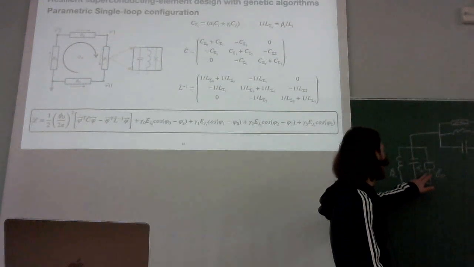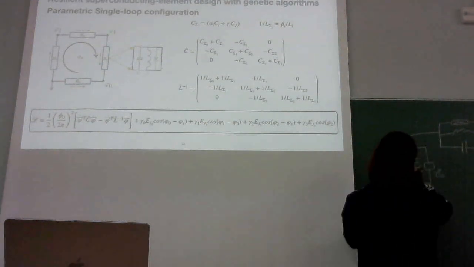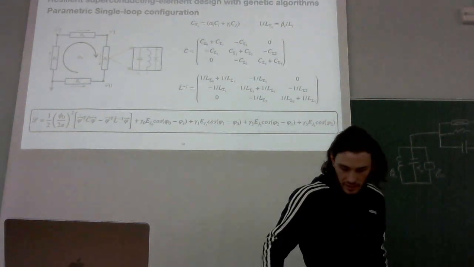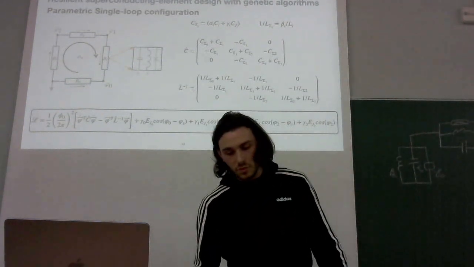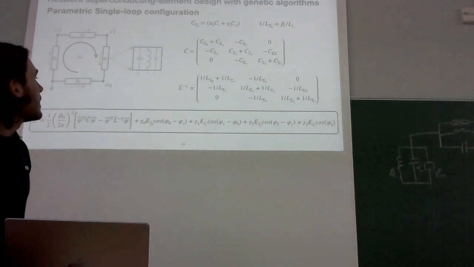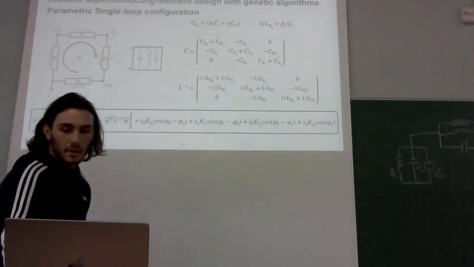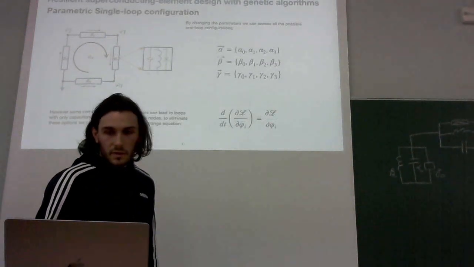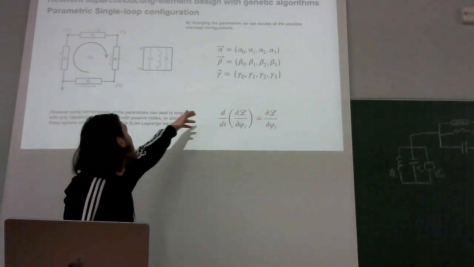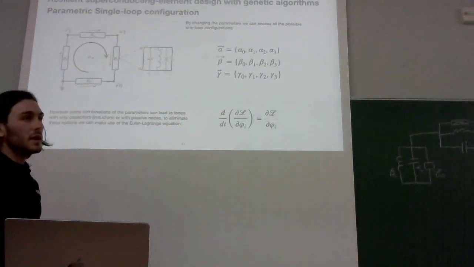By choosing this to be 1 or 0, we can only select one of the three in each branch. So we have a parametric expression of the Lagrangian to obtain all possible configurations of the loop, and this is what we enter into the optimization algorithm. As I said, by changing these parameters, we can get all possible configurations of the loop.